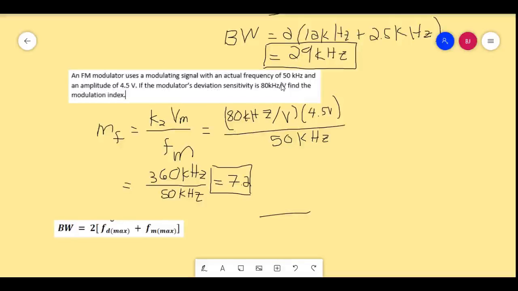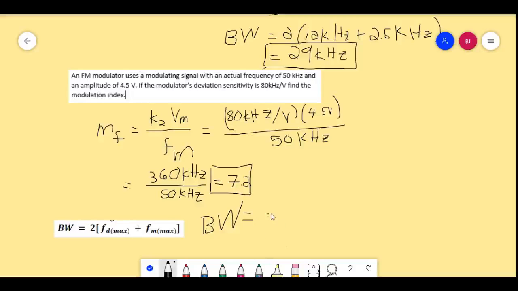So we had to calculate, and we were able to get it as 360 kilohertz. So we will have our bandwidth equal to 2 multiplied by 360 kilohertz plus 50.